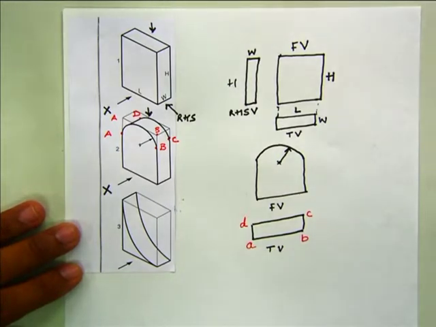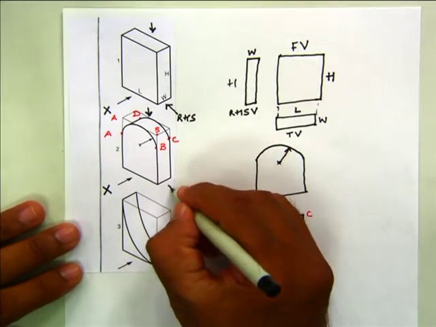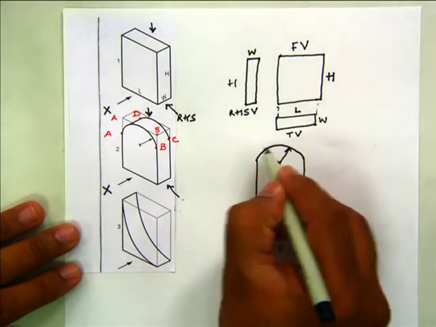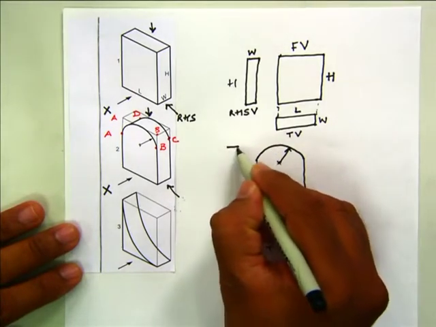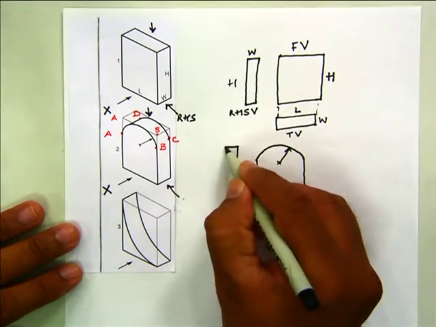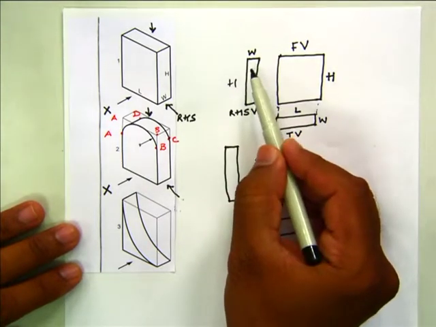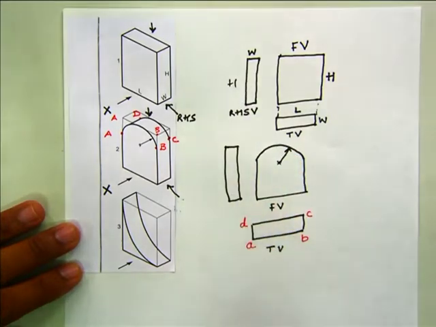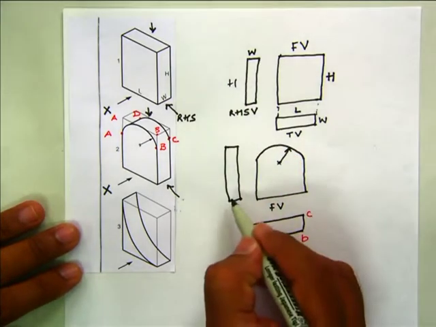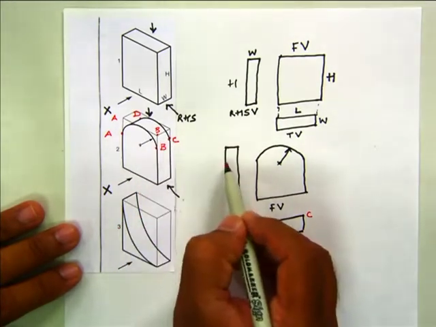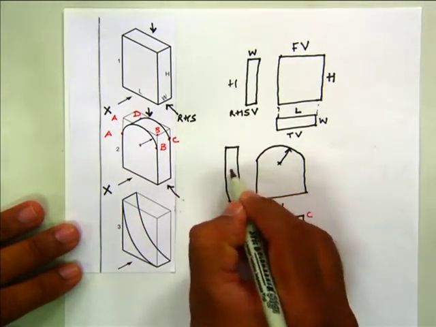When you are viewing from this end, again you have the same view as in the first figure. Only this curvature looks like a straight line.